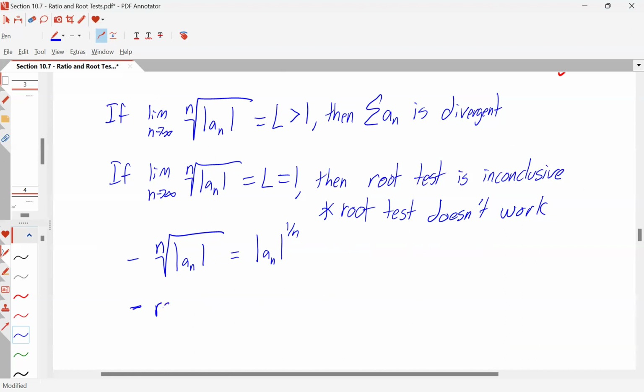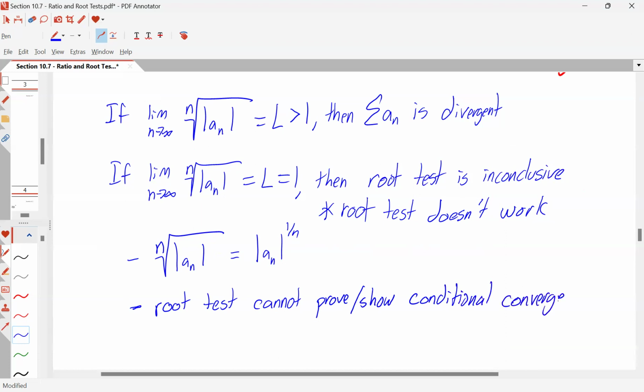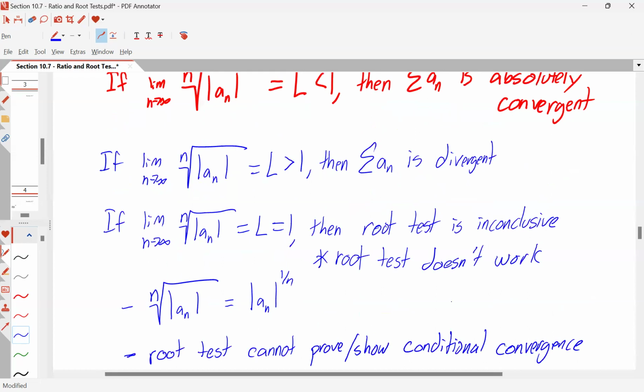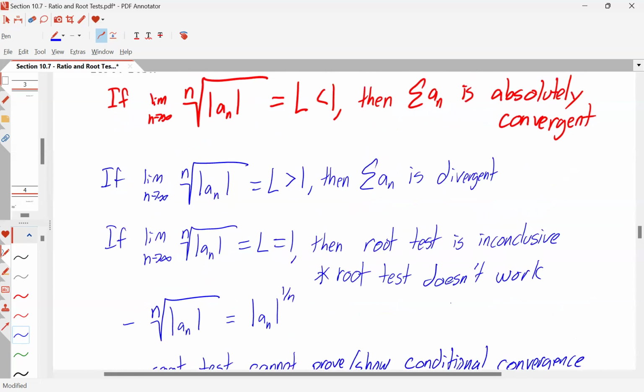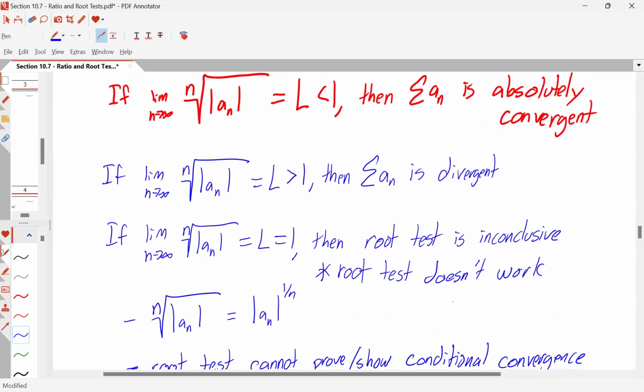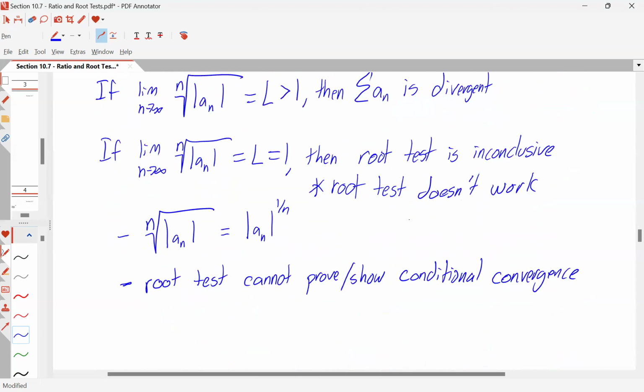Second, the root test, just like the ratio test, cannot prove or show conditional convergence. It can either give us something is absolutely convergent or something is divergent. It cannot give that in between of conditionally convergent.